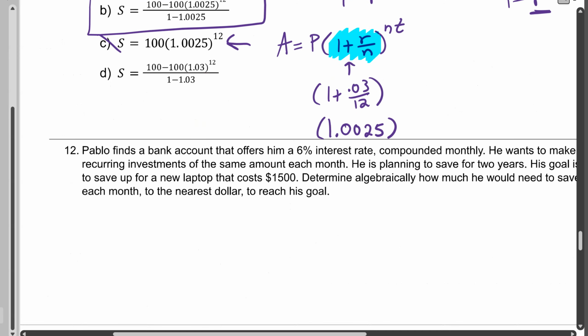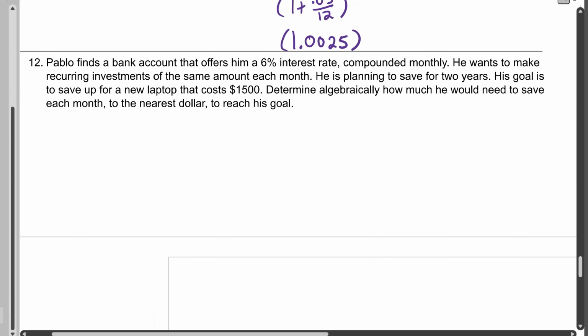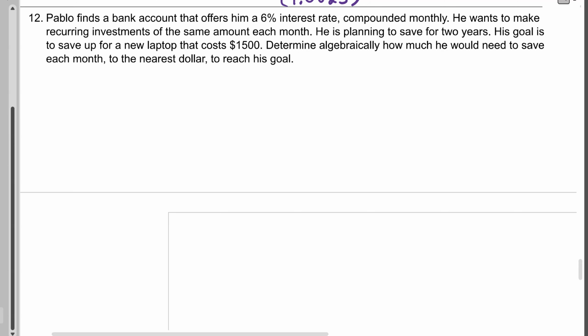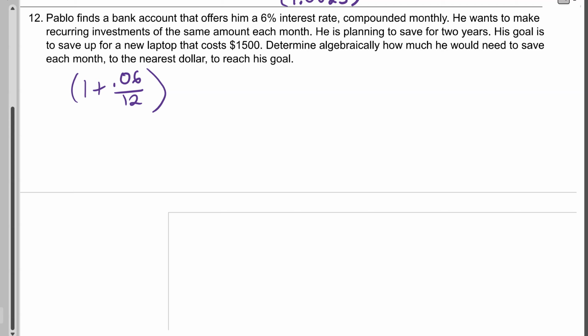So let me give you just one more financial example. Let's say Pablo finds a bank account that offers him a 6% interest rate compounded monthly. Right, so that means every month he's earning 1 plus 0.06 divided by 12, a twelfth of that interest rate. He wants to make recurring investments of the same amount each month.